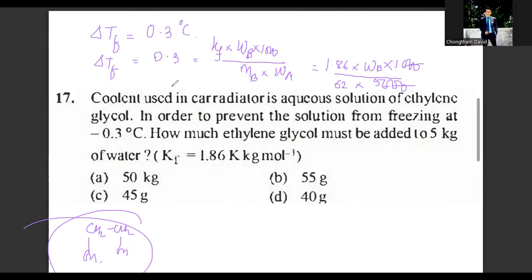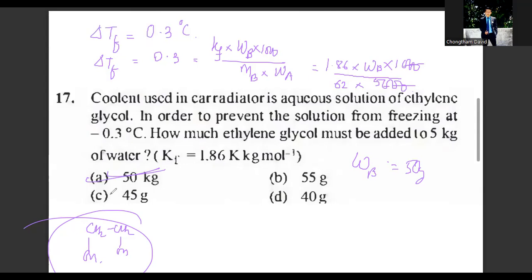Then multiply with this 10. It gives 31. 3 sixes are 18, 1.86. 1.86 and 1.86 get cancelled. It's very simple, right? So the answer would be WB, you're left with 50 gram. Do you find the answer? Yes, it's there in option A. Good. So I hope it's clear and understood.